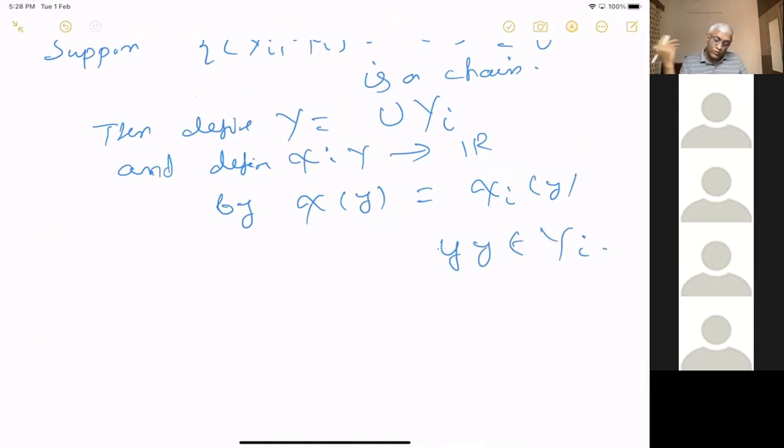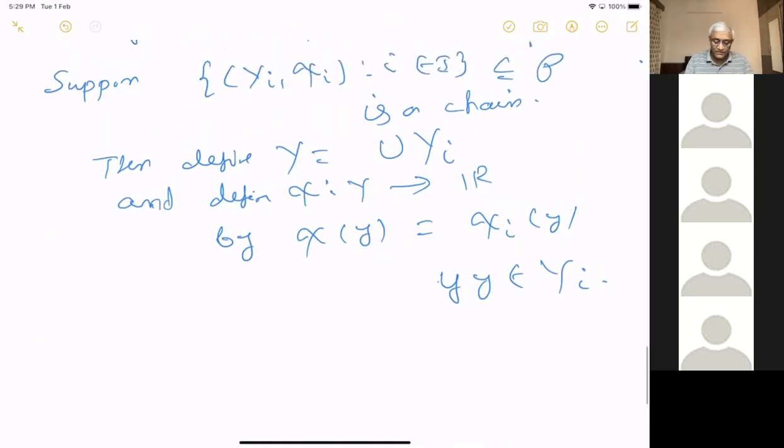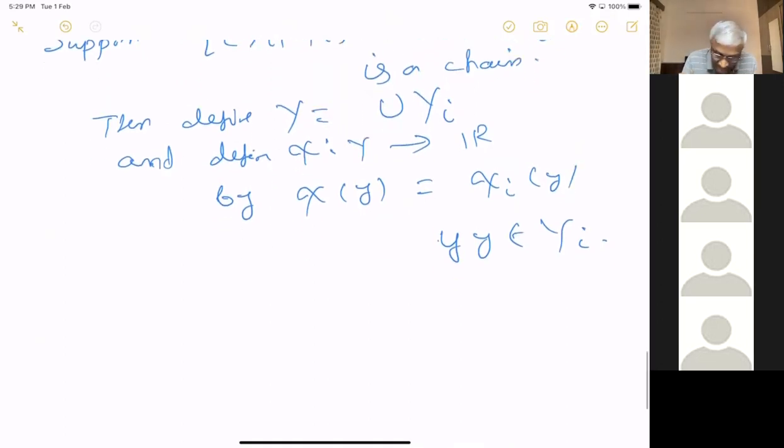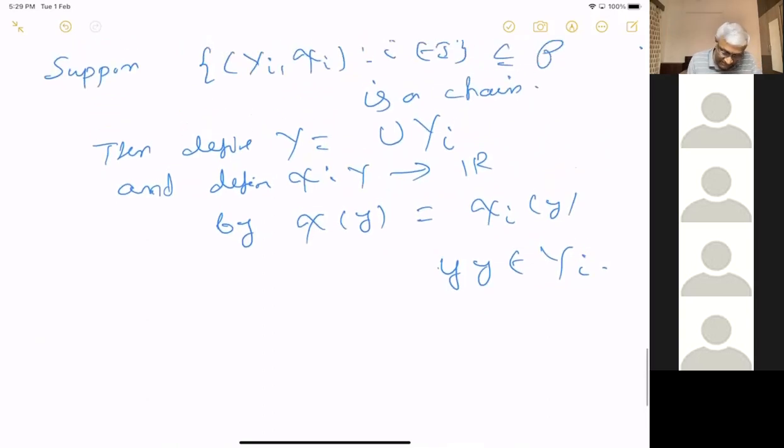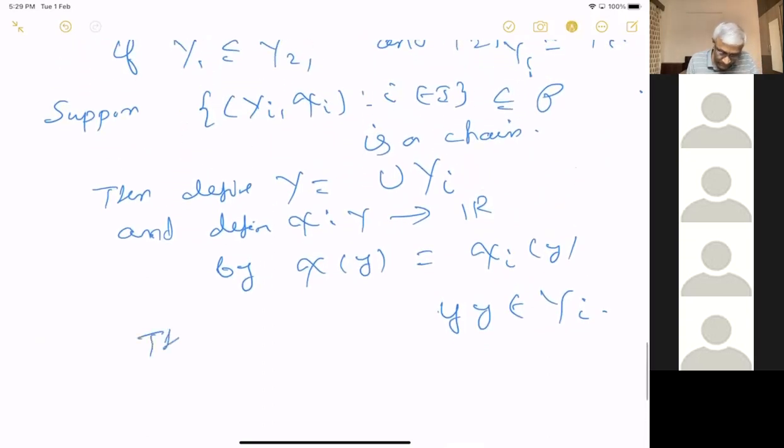This y may be in both y_i and y_j. But this is a totally ordered subset, so y_i has to be inside y_j, or y_j has to be inside y_i. Then they will coincide, since we have assumed they are extensions of whichever is the smaller one. So because of that, it follows that chi is well defined.